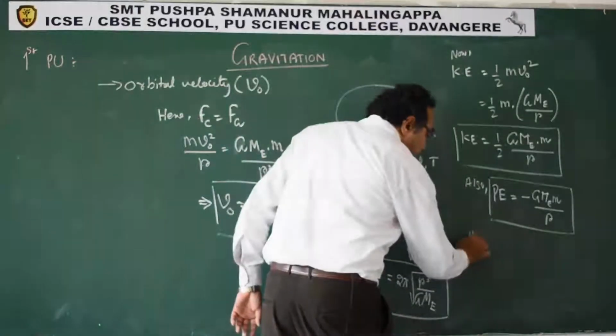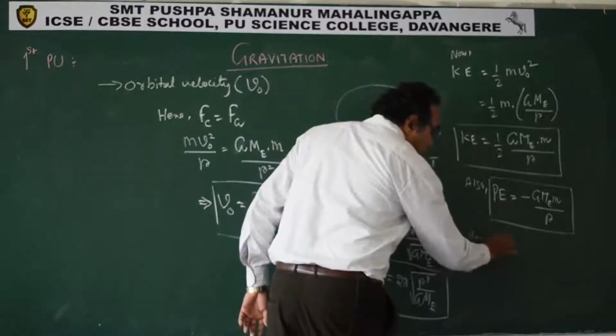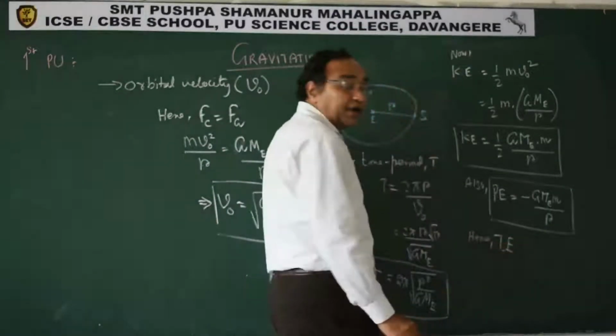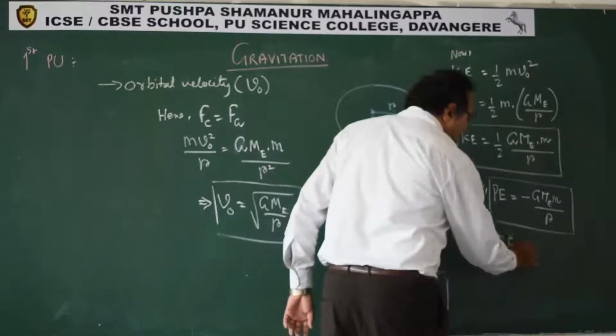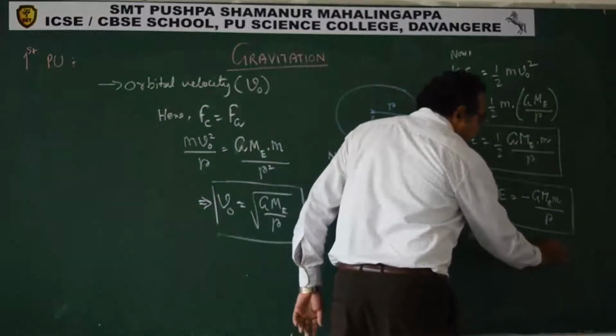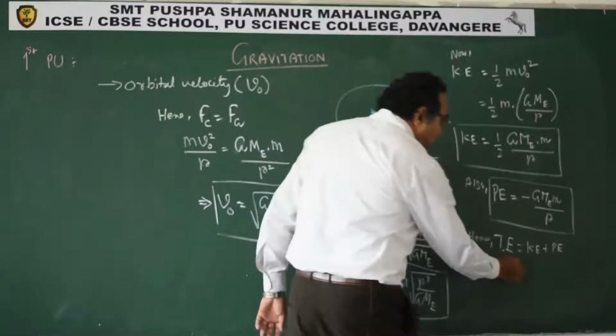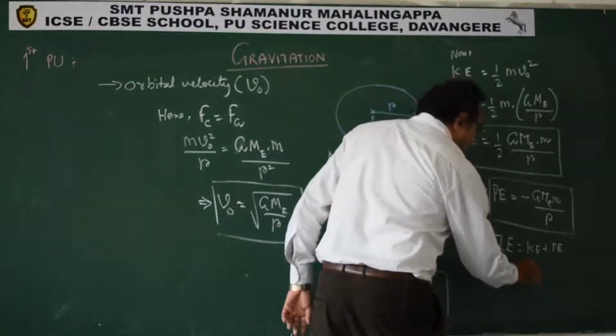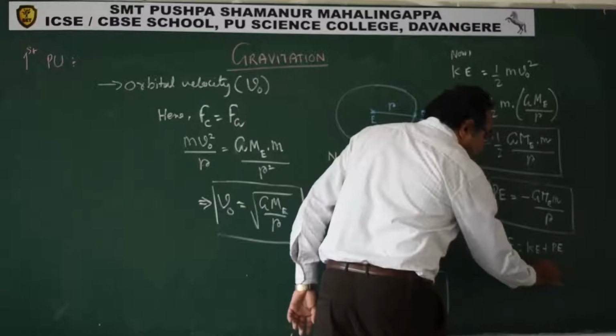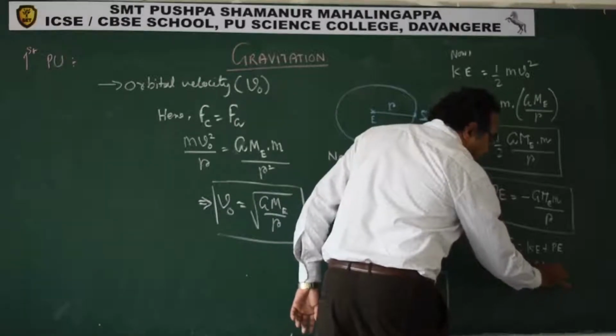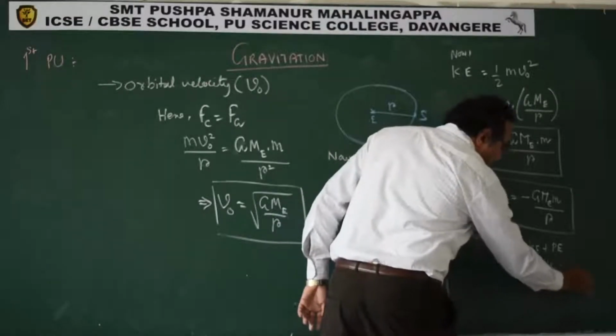Moreover, total energy, and total energy is what? Kinetic energy plus potential energy. So total energy will be how much? Kinetic energy, half of GMm by r, minus GMm by r.